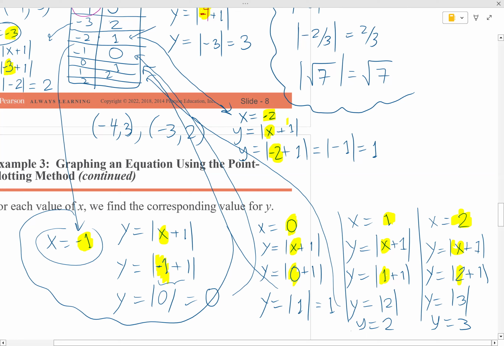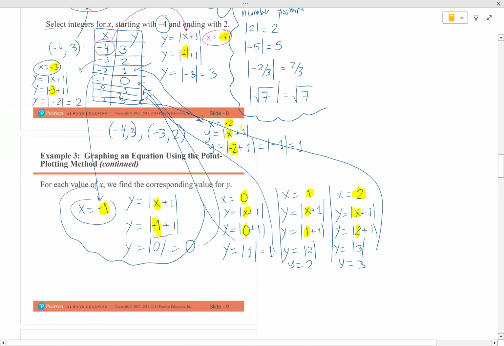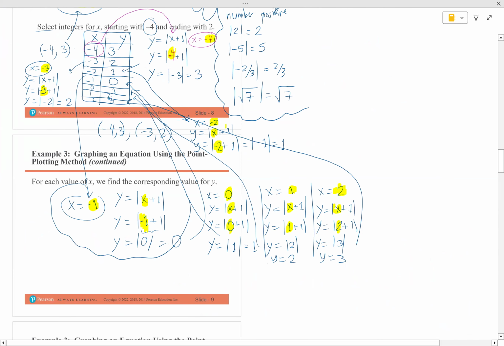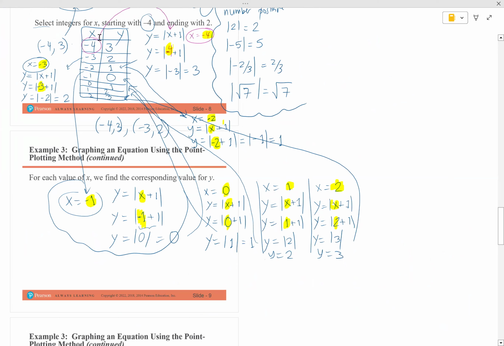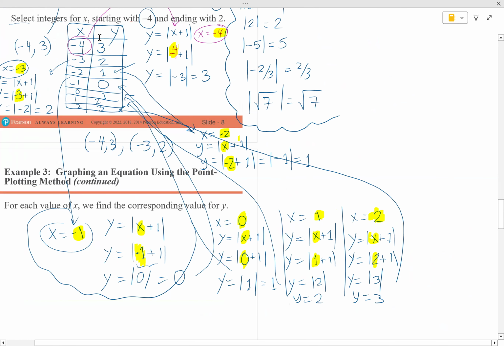So I'm going to put that in my table. All right, so we found all the values. Let me leave it there for a second just to show it. All right, we got it.